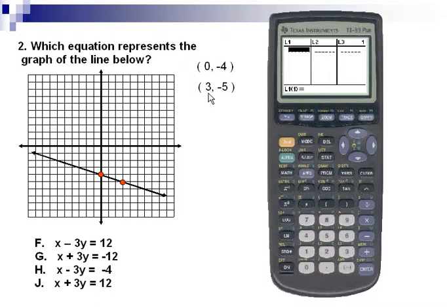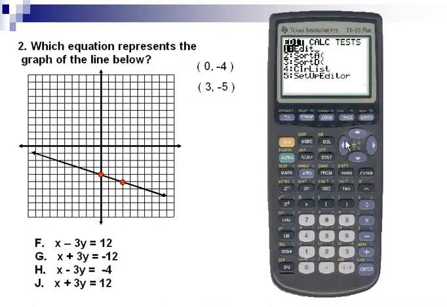Remember, list 1 contains our x values, so 0, 3, arrow to the right, will contain our y values, negative 4 and negative 5. We'll go back to stat and over to calculate. We're doing a linear regression because we have a line. So number 4, enter.